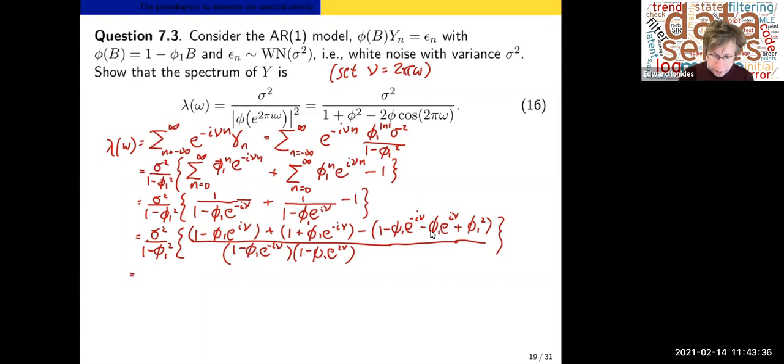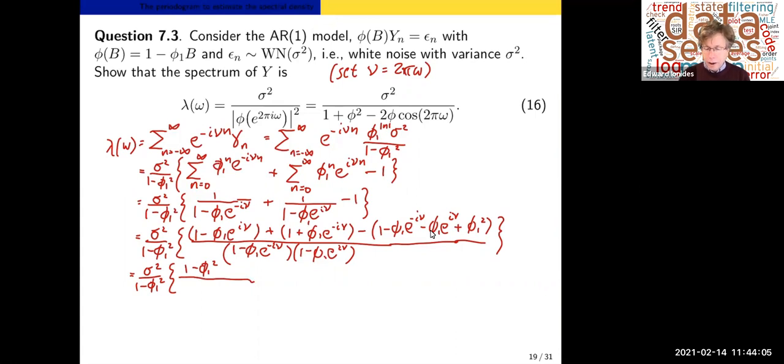Okay, and then I can write this as sigma squared over 1 minus phi 1 squared. Some terms cancel here. The e to the I nu and e to the minus I nu on the numerator cancel. And so I get 1 plus 1 minus 1, which is 1 minus phi 1 squared.